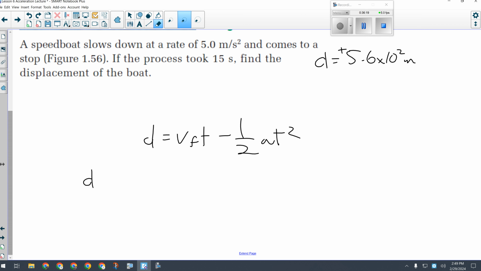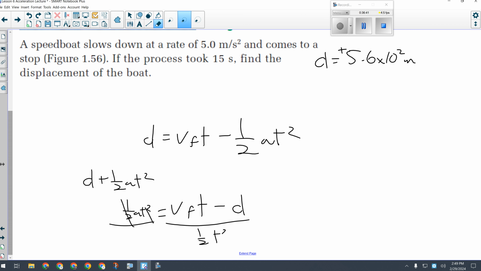So I would have D plus 1/2 AT squared, then I would subtract the D. Okay, so I would have VF times T minus D equals 1/2 AT squared, and then I would divide the half and the T squared over to the other side. That keeps it positive. Okay, that's the only reason I would do that, is it keeps it positive. All right, and then you won't be asked to solve for T unless VF is 0.